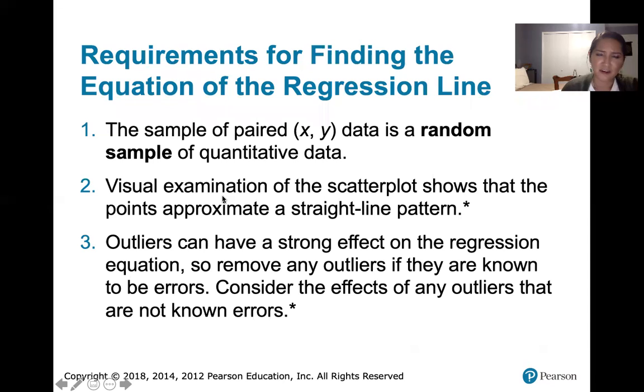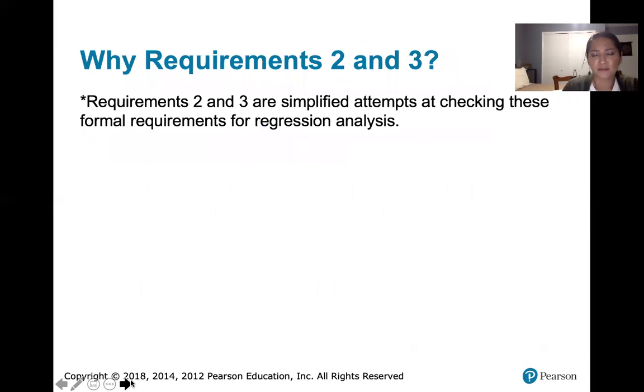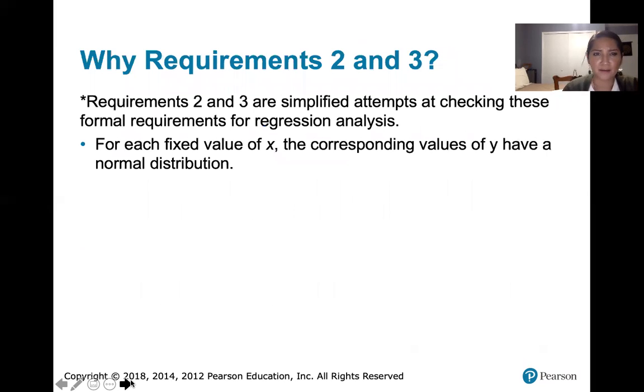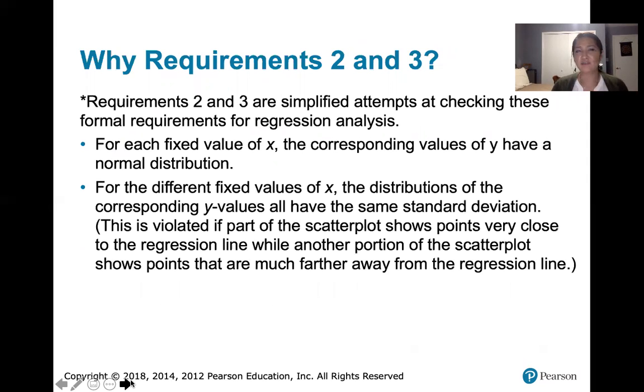Sometimes all of this seems very subjective. It's a little bit less subjective when you use the residual plot to check these requirements. So remember, these are the formal requirements that we're trying to confirm or verify with requirements 2 and 3. For each fixed value of x, we want the corresponding values of y to have a normal distribution. And then for different fixed values of x, we want the distributions of the corresponding y values to have the same standard deviation.